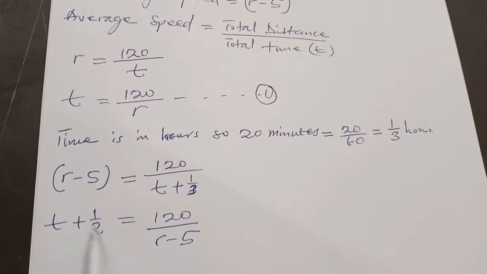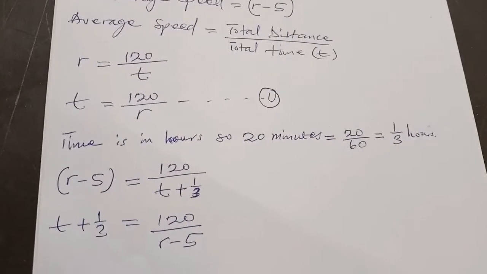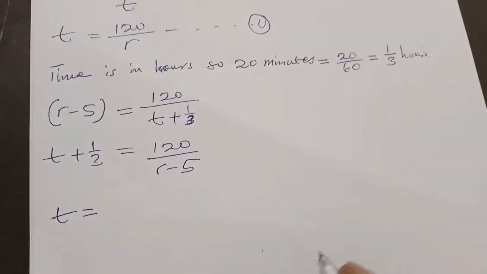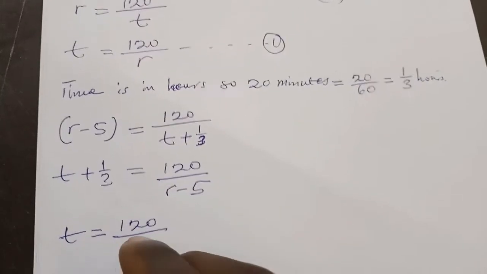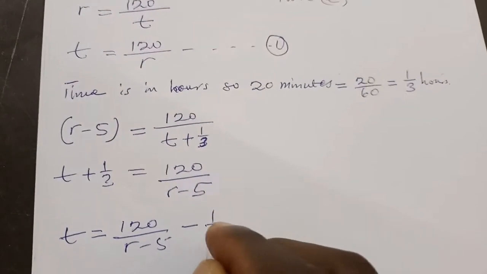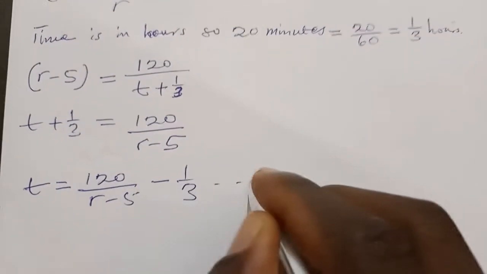Then we make t the subject by moving this 1/3 to the right hand side. t is going to give us 120 over r minus 5 minus 1/3. Let's just make this one our equation 2.